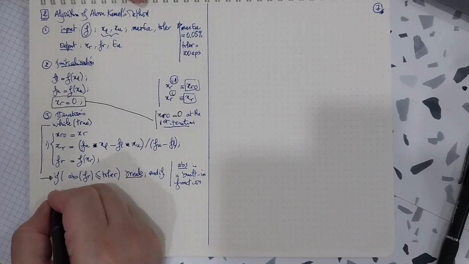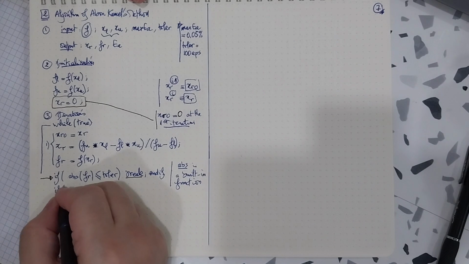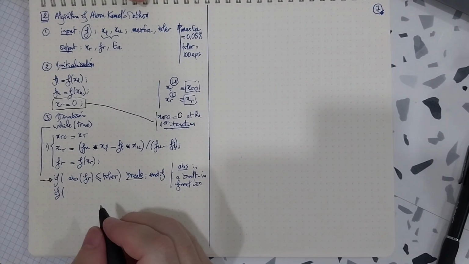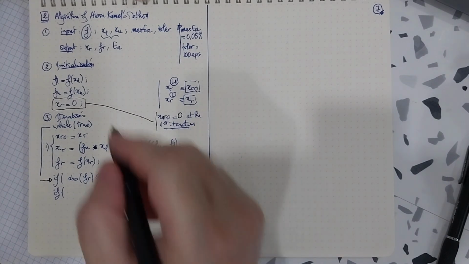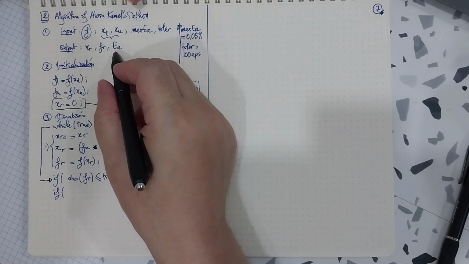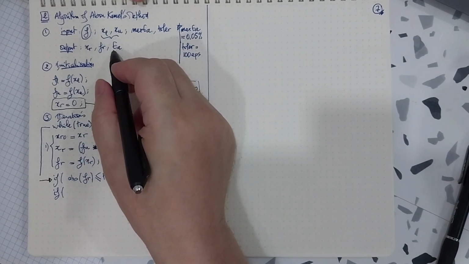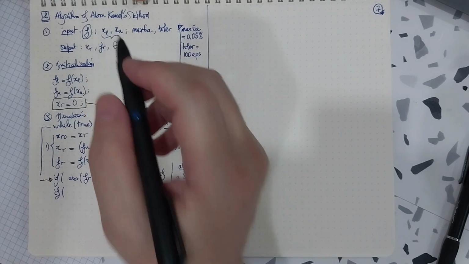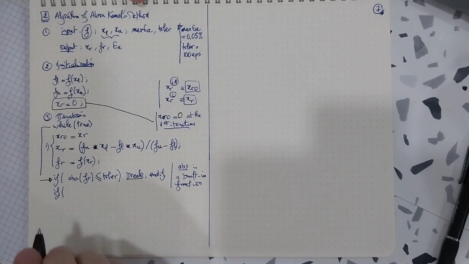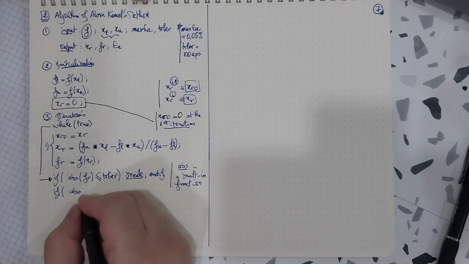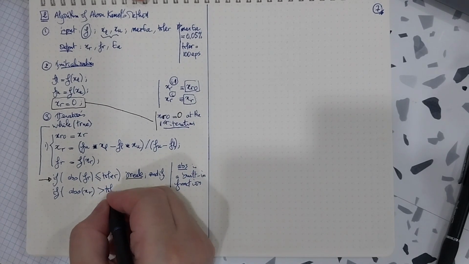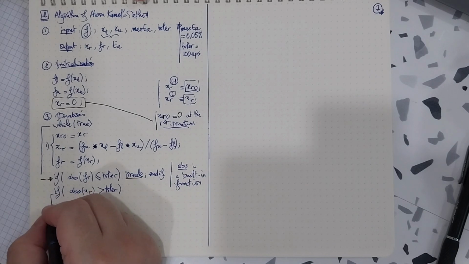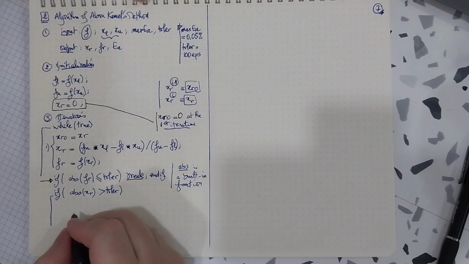And the second break condition is based on the error. But the error contains a denominator, which is XR, the current XR. So we must check first that XR is not equal to 0. So if ABS, the absolute value of XR, is larger than the tolerance, is not 0, then we can use the second breaking condition, which is based on EA.